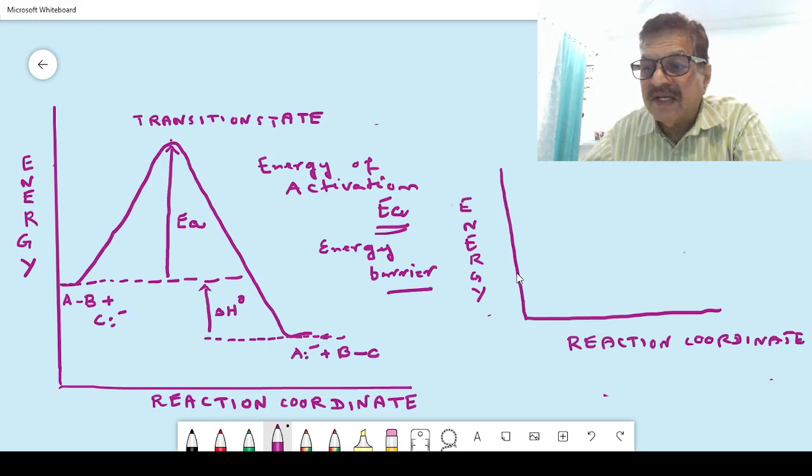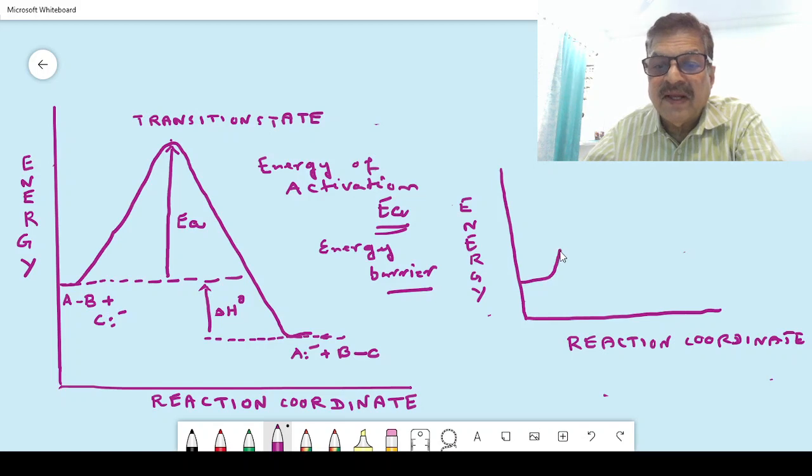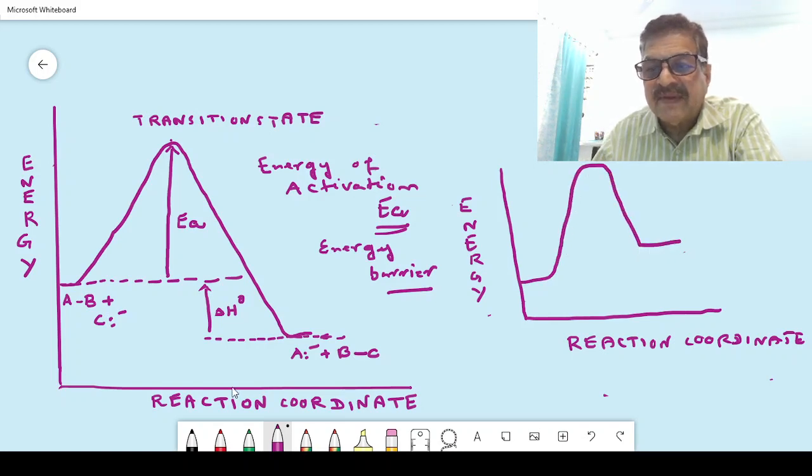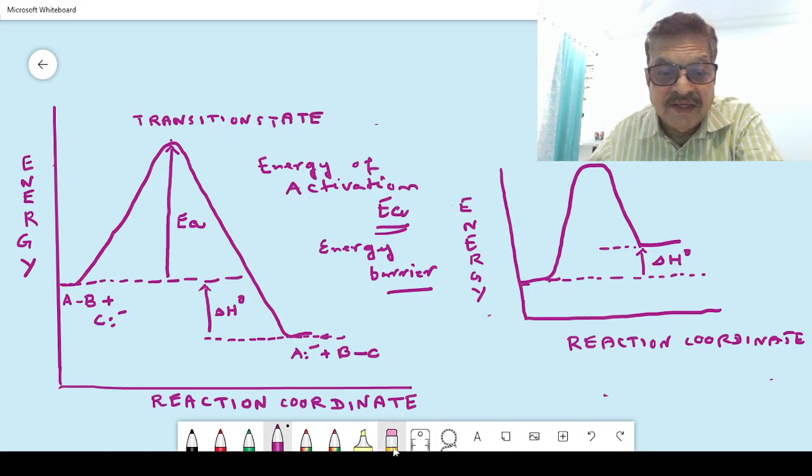The reactants are here. So like this it will go and it will end up somewhere here. Correct. That means this is our delta H here. This is the energy of the reactants here. This will go. So this is delta H. And this is our energy of activation.